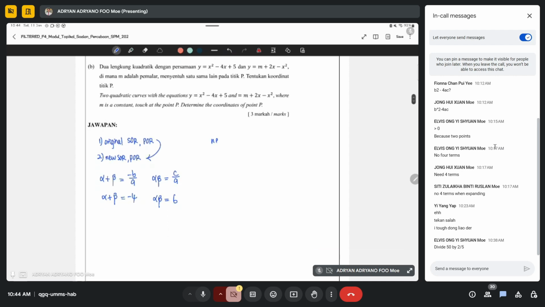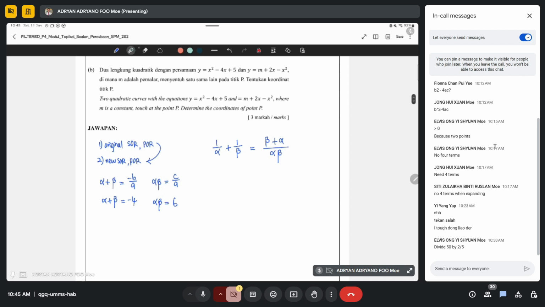So don't write new SOR. This is wrong also. 你跟着它给什么你就写什么，1 over alpha 加 1 over beta。给我们怎么样变？分母一定要一样先哦，对吗？So beta 加 alpha over alpha beta，看到吗？它一定会关系到我们 original 的 SOR POR。所以记得 for this type of question you always will convert it into something that you have. 它不会给你一个题目哦 whereby 你找不到那个答案 from 你已经有的那些 value 啊，所以你要变来变去，then only you substitute.